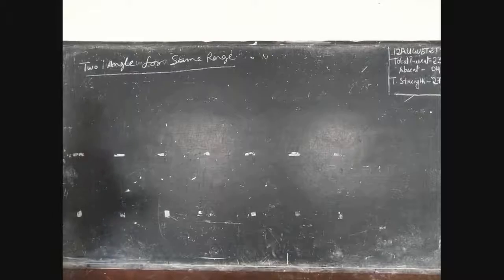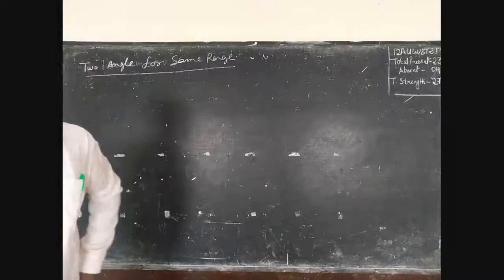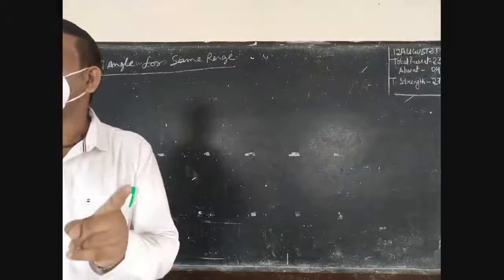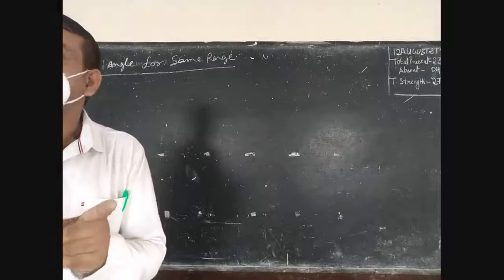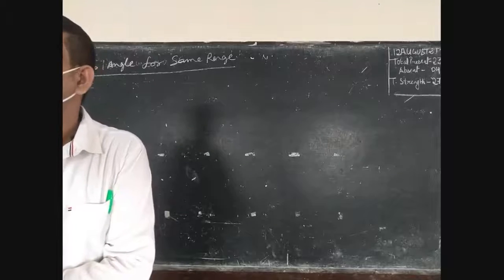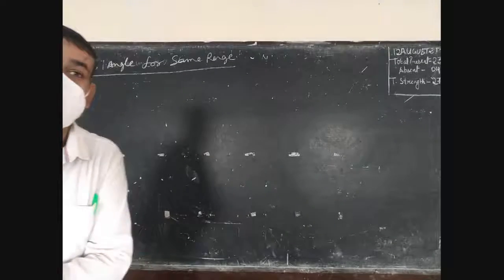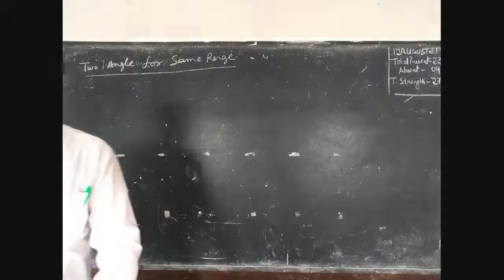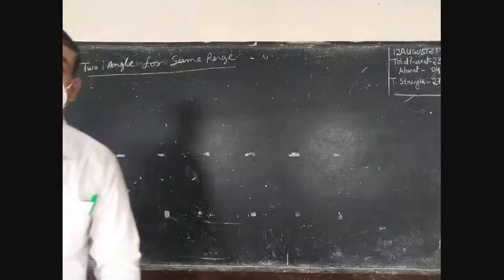Consider a projectile thrown with initial velocity u, making theta angle with horizontal.